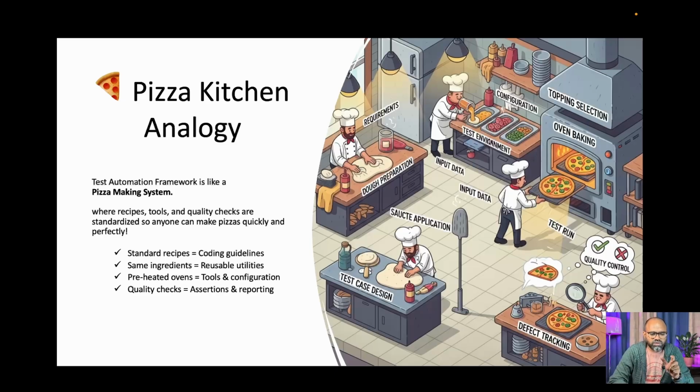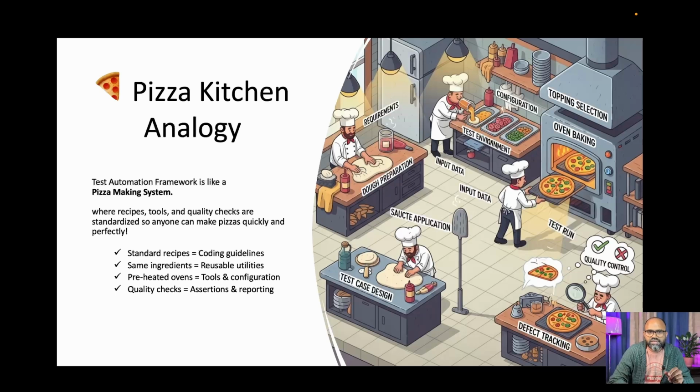Don't worry right now about these terminologies: coding guidelines, reusable utilities, tools and configuration, and assertions and reporting. We are going to discuss all these things while we are doing a live framework design. At that time I will explain each and every technical term.